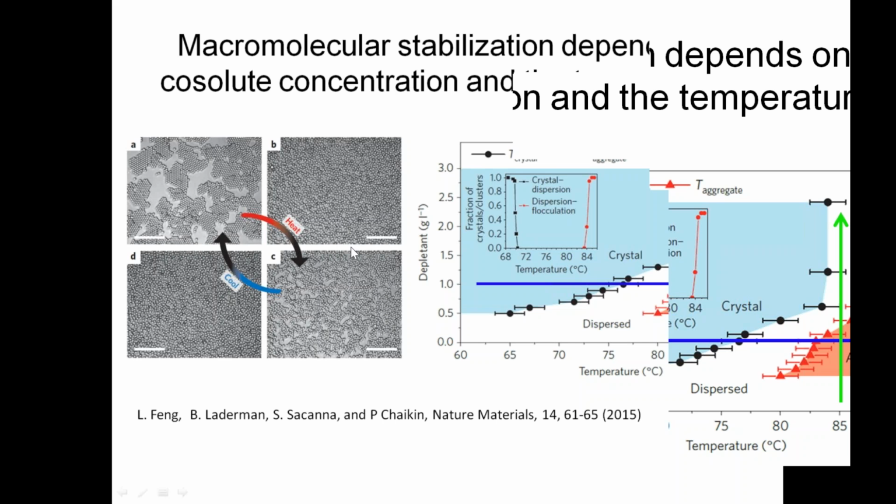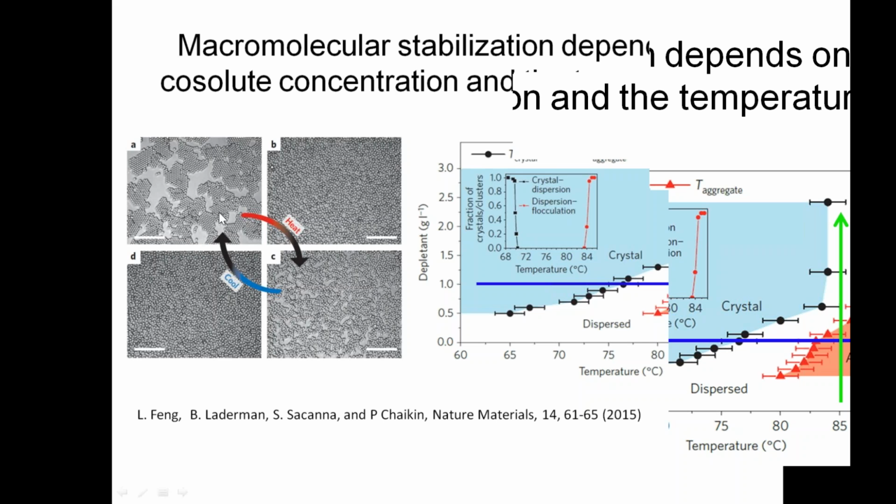When they increased the temperature still further, the cosolutes stuck harder to the colloids, and thereby they were preferentially included to structures in which they brought together two different colloids. So they acted as a glue through the bridging mechanism.